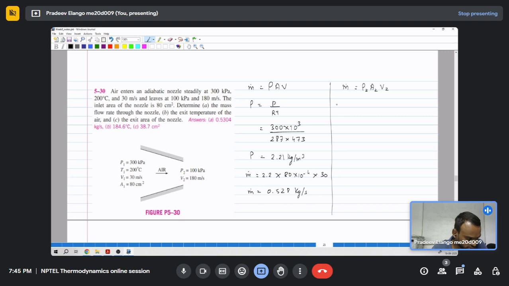So m dot is 0.528, equal to P by RT, where P is 100 kilopascal, 100 into 10 power 3, divided by R into T. R is 287, temperature is not known, and area is also not known. But V2 is known as 180 meter per second.